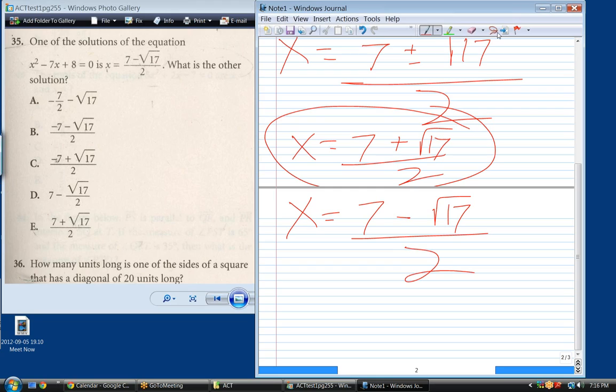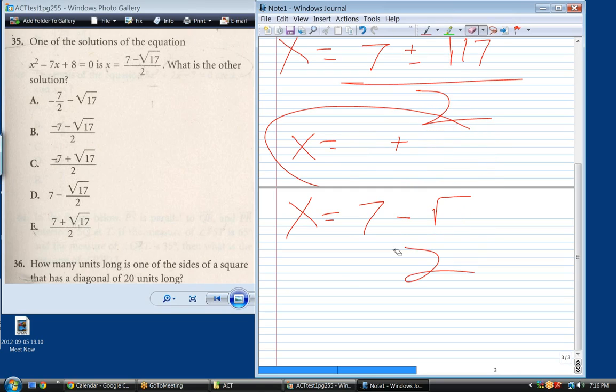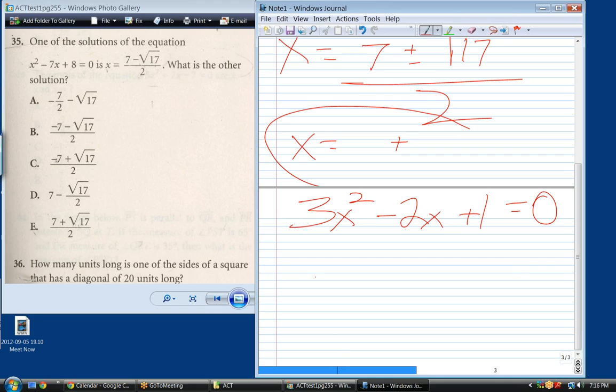Okay, let me just give you another one. Let's do a test on that. I'm going to make one up. Okay, so use the quadratic equation to solve this. It's going to be negative 2.